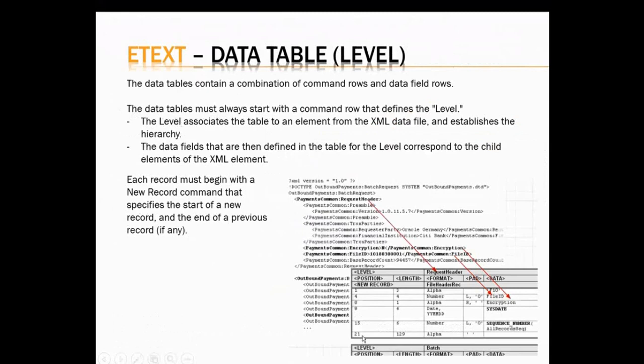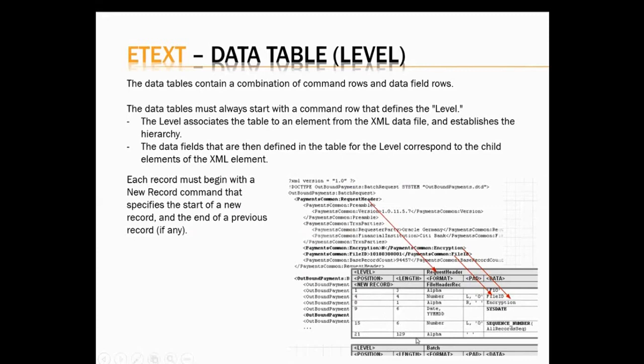In this example, we have the payments common request header as the parent. Under that, we have the payments common preamble as the child. So in that case, I can start my level with the request header and give the data of the request header here, and then I can open another level at the bottom and create the child of this payments common.